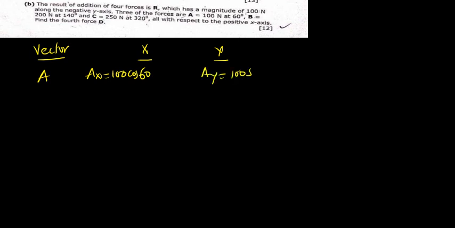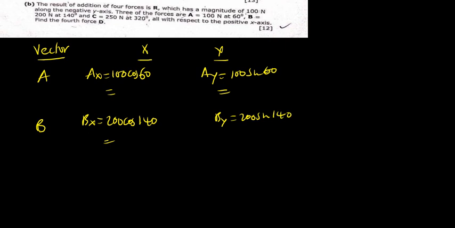You put your answer there. You are going to come to vector B. Vector B, they tell us the magnitude is 200. So we're going to have BX, that is going to be 200 cos 140. That means BY is going to be 200 sin 140. Also put it there.